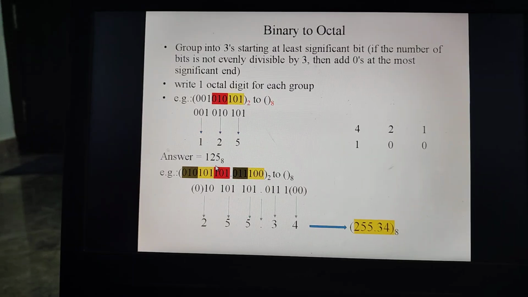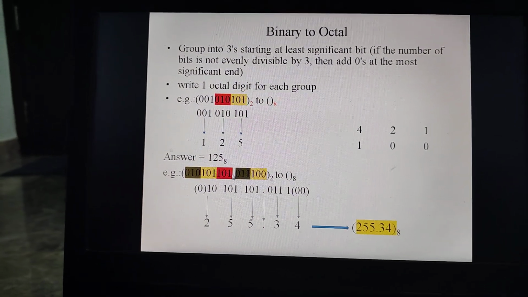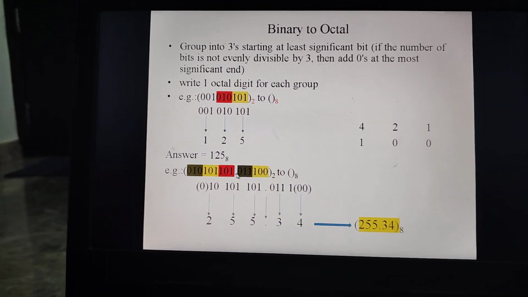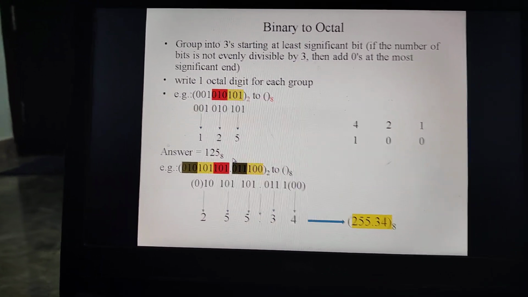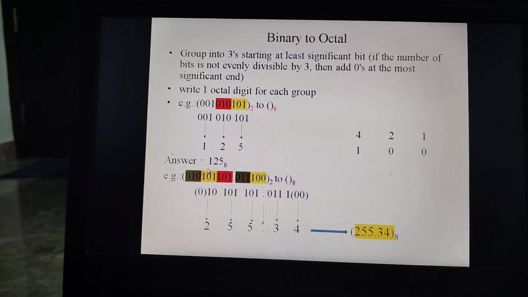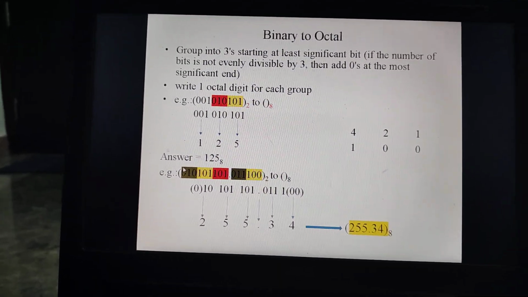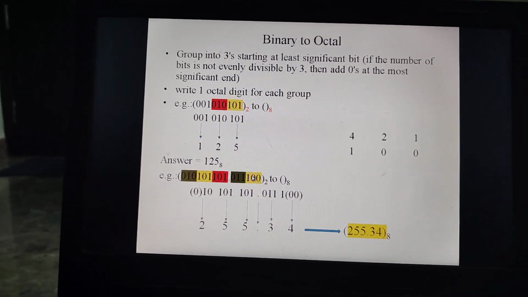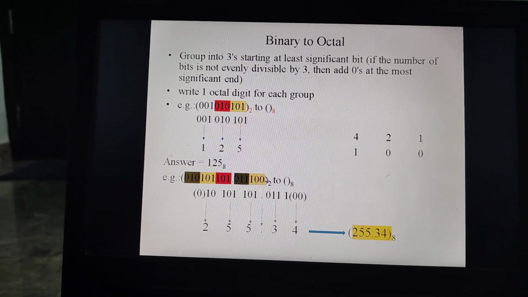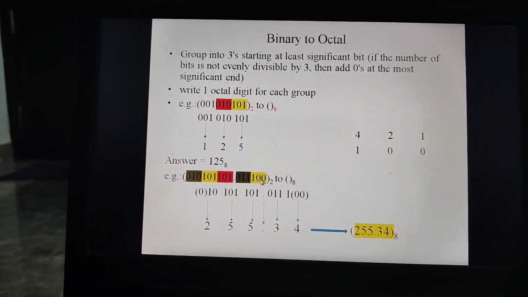As we said, we split the numbers from this direction, and after the decimal point we have to divide the numbers in this direction. So I'm splitting the numbers into 3, 3, 3, and if a 0 is not available at any corner, we can add the 0 ourselves for our understanding.